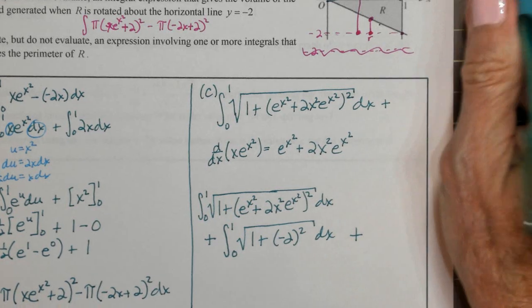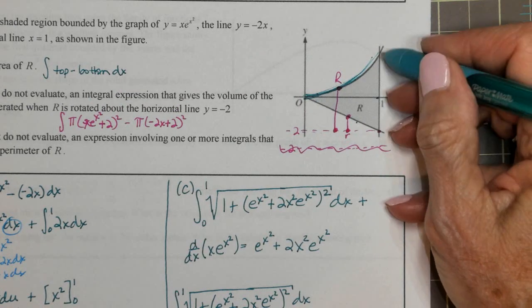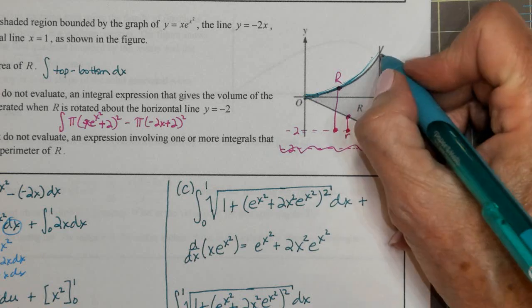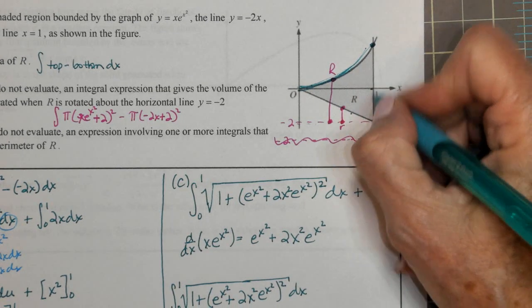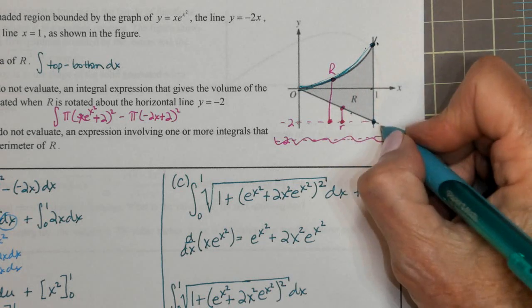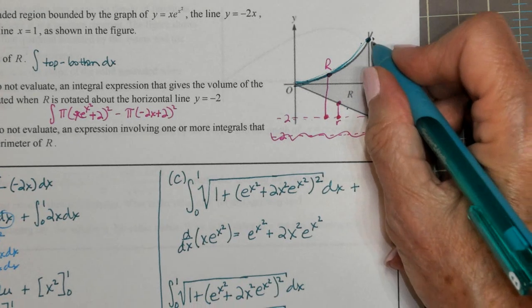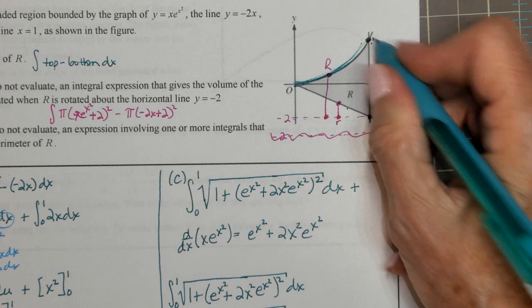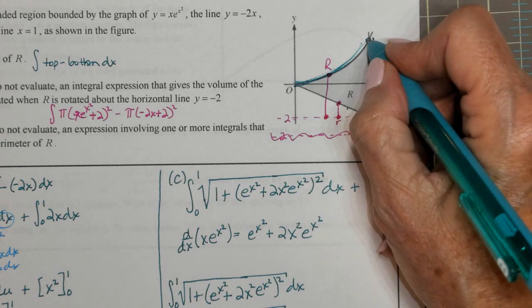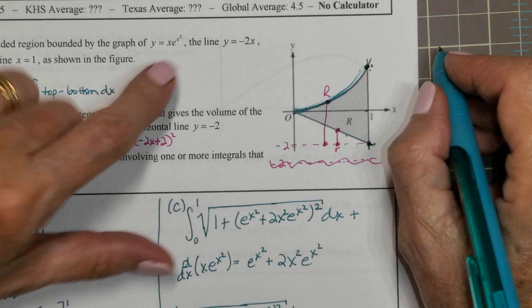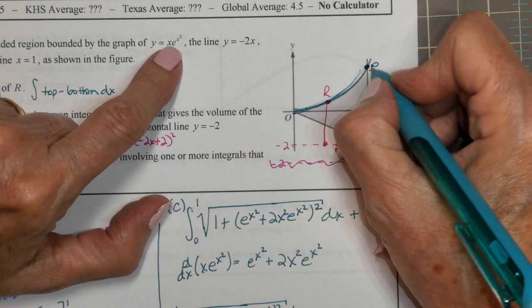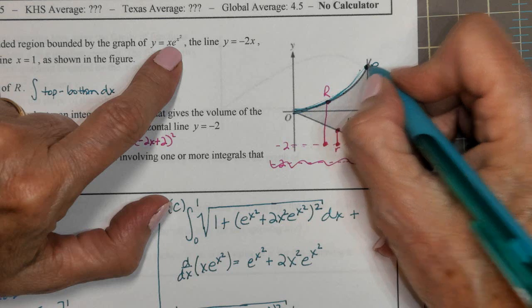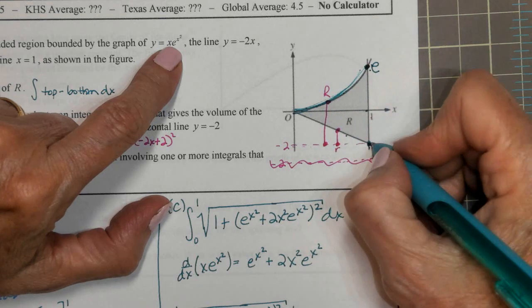Plus, now we need the length of this vertical line. So what is the length of this vertical line? Well, the length of that vertical line is this y value minus this y value. It's top minus bottom. What is this y? Well, when x is 1, we're at e to the 1, so that y value is e right there.